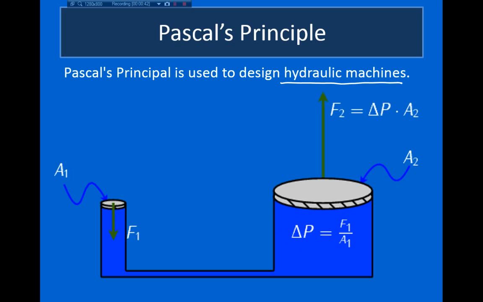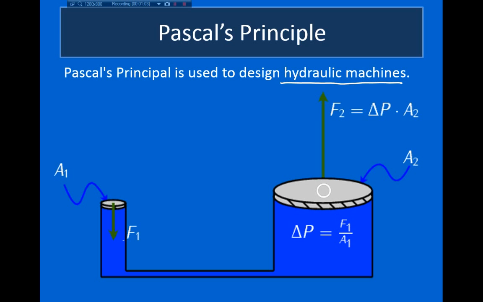So the idea is that when I apply a force F1 to a plunger which has an area A1, the pressure in the fluid just beneath the plunger increases by an amount that's equal to F1 divided by A1. Now because these two containers are connected together by a hose, it means that the pressure that's just below the other plunger is going to increase by the same amount.